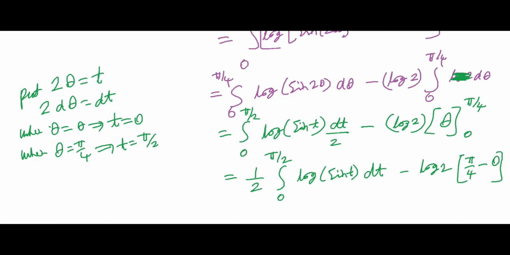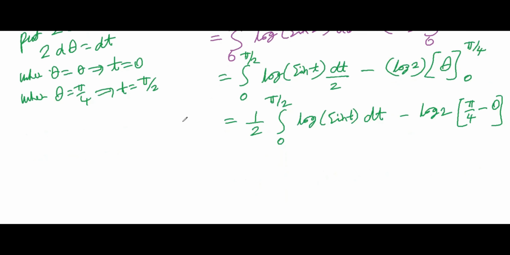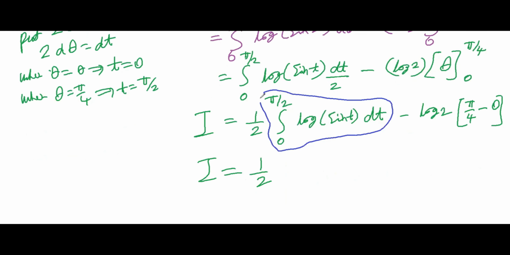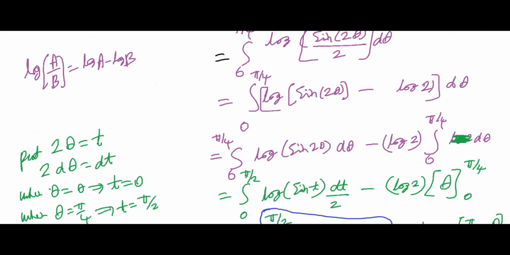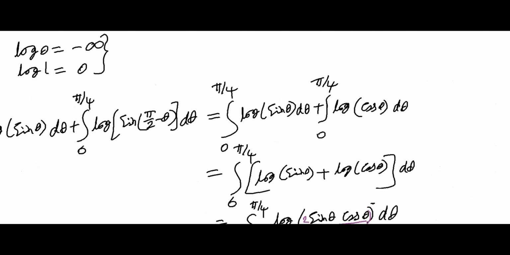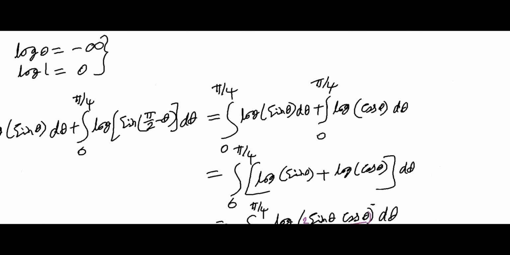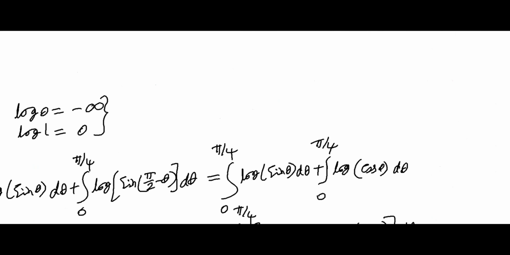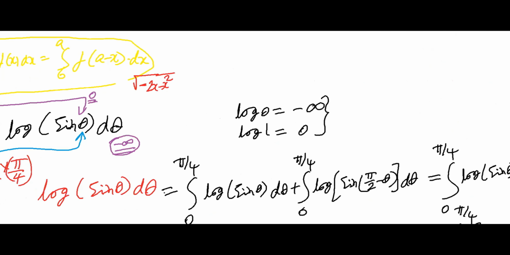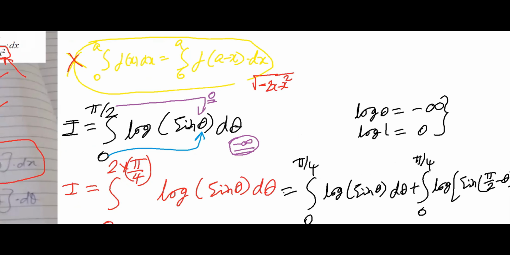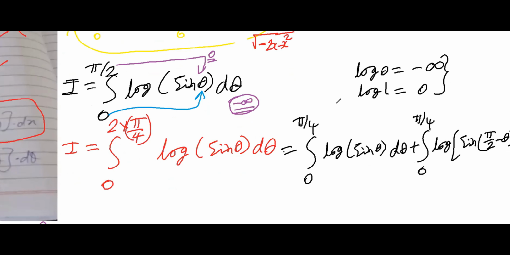Fine. Now what is my left hand side? This left hand side is I. Okay, I is equal to 1 by 2. Now I want to check what is this. What is this? 0 to pi by 2 log of sine t dt. What is that? Let's check that. You are going to see that this is nothing but this. This is nothing but I. Can you see this?